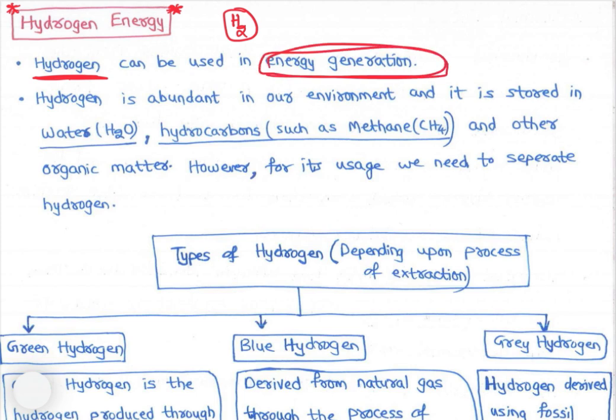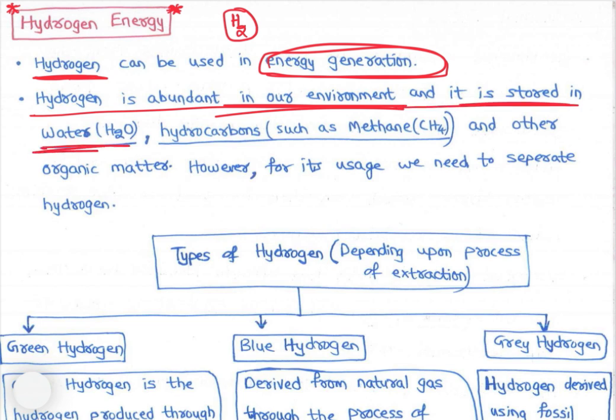However, hydrogen is abundant in our environment. In fact, in our earth also hydrogen is present. For example, it is stored in water. In water there is hydrogen, H2O, where H2 is hydrogen.